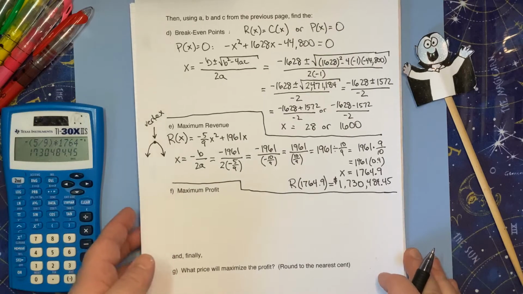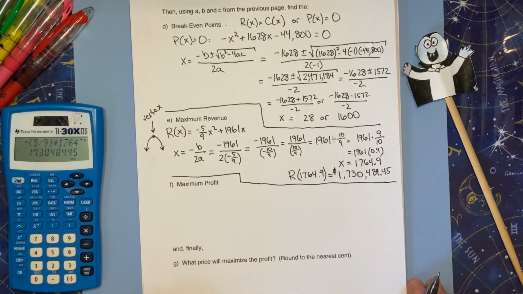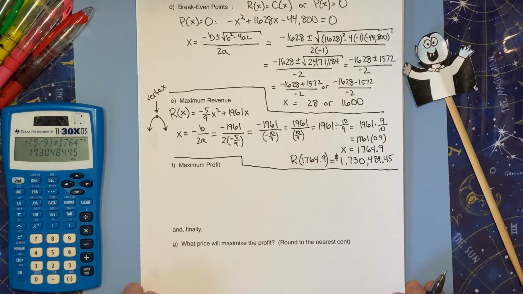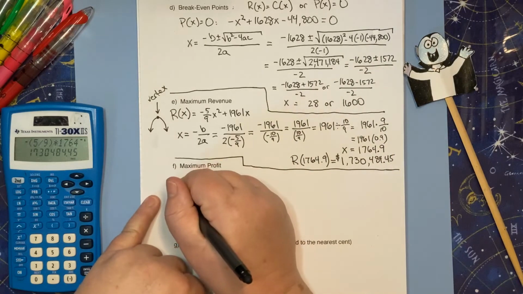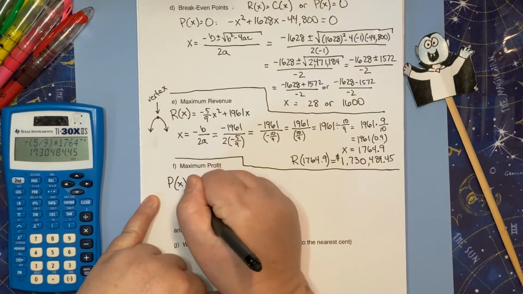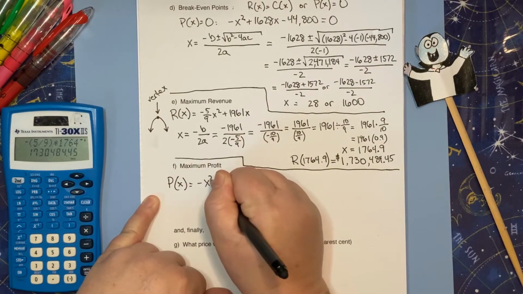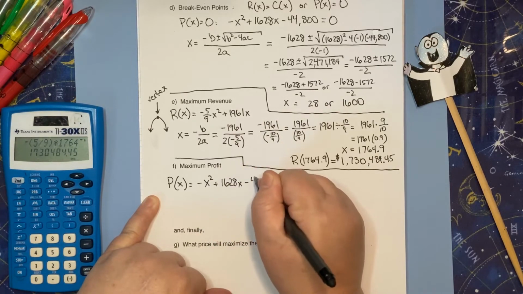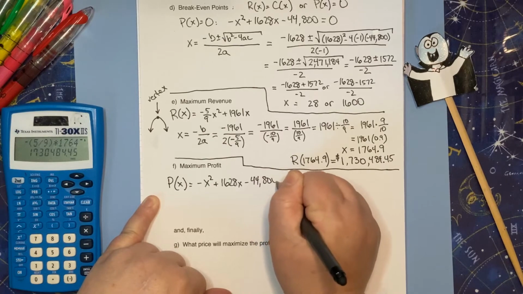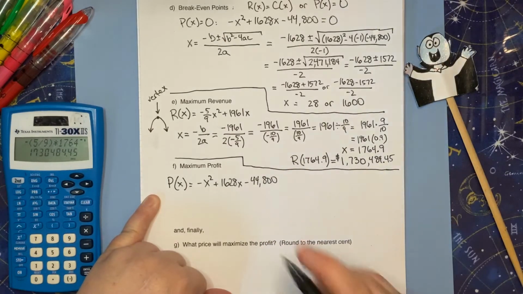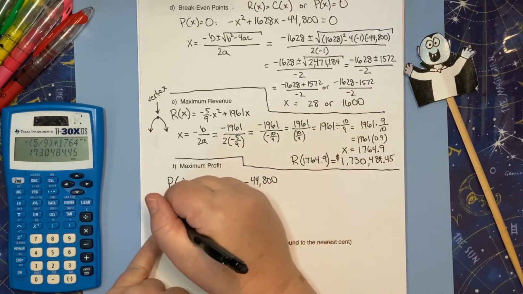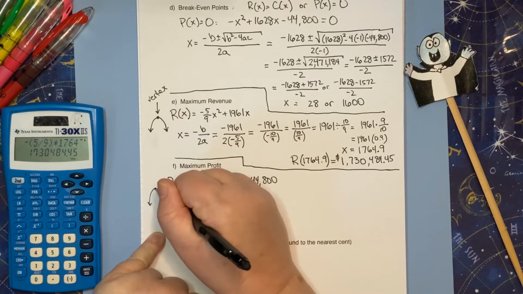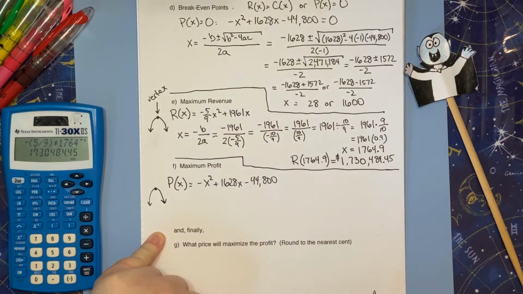Let's go to maximum profit. Okay, maximum profit. Our profit function is the opposite of x squared plus 1628x minus 44,800. And oh my goodness, thank goodness, because again, we are looking at a quadratic, so we're looking at a parabola that opens downward.